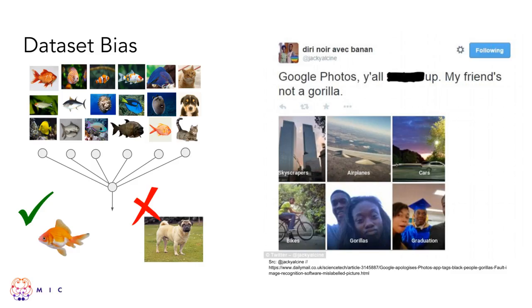So first I want to talk about dataset bias in two examples. Say you are creating a model that is trying to classify dogs, cats, and fish. If 90% of your dataset is fish pictures, and 10% are dogs and cats, your model will perform very well when it comes to classifying fish and very poorly when it comes to differentiating between cats and dogs. Now, a real-life example.